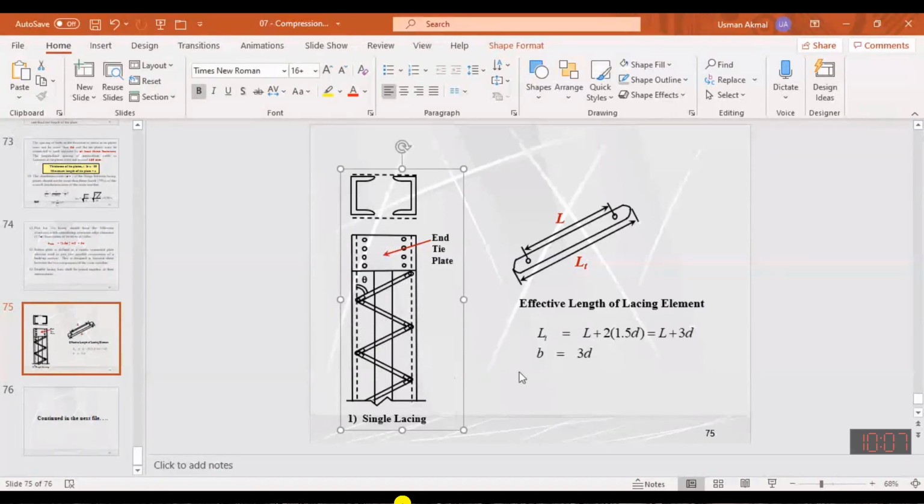You might have solved some examples in mechanics of materials, a beam only subjected to bending moment, and you were asked to sketch the shear force diagram. If a beam or a line element is only subjected to moment, the maximum shear in that beam will be M divided by L.